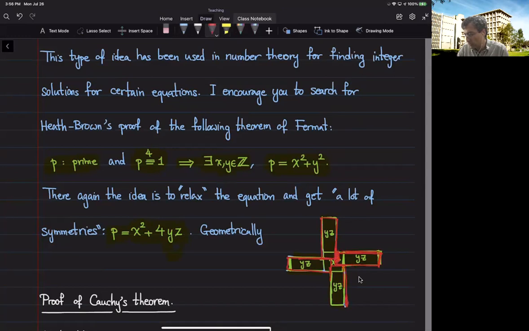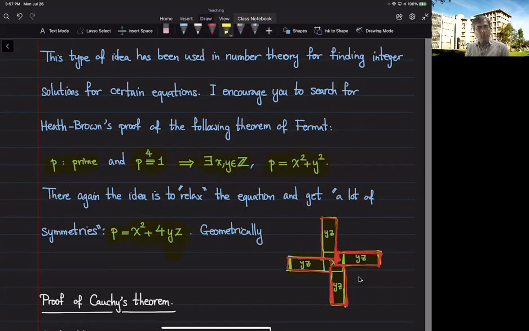So starting with one solution, we can end up getting another solution, and the shape doesn't change if yz itself is a square. So we are getting symmetries of the set of solutions, and the fixed points of those symmetries are going to give us the desired solution for this equation.